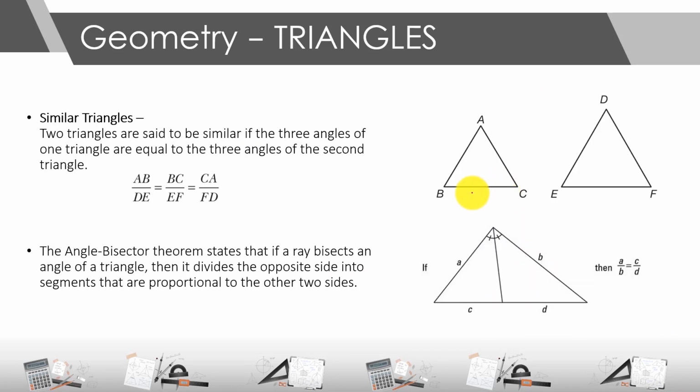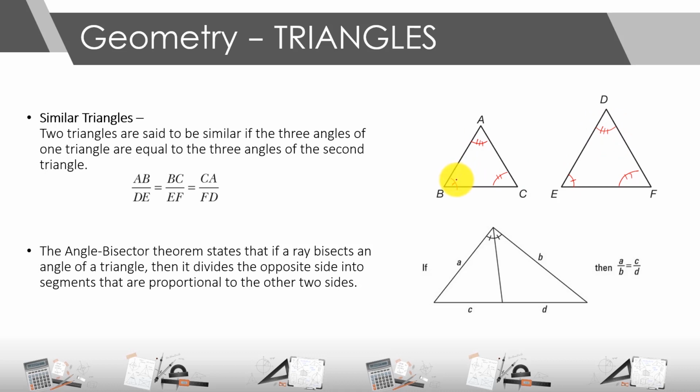Now comes the concept of similar triangles and congruent triangles. So similar triangles are triangles which have the same angles. Their dimensions may be different, but their shape will look similar. All three angles of those triangles will be the same. One may be larger, one may be smaller, but angles will be the same.